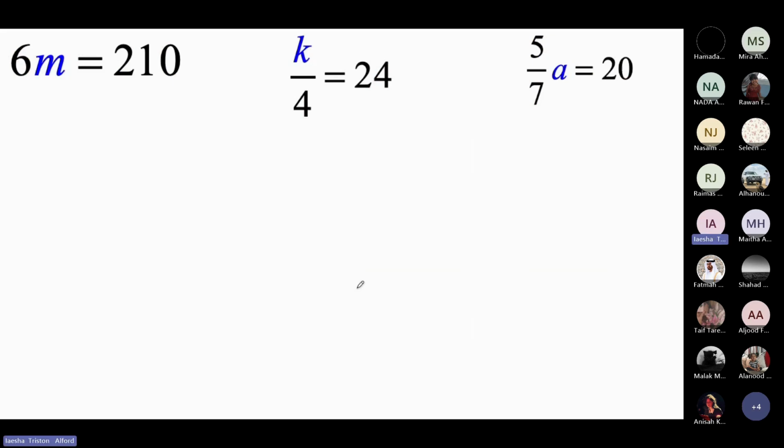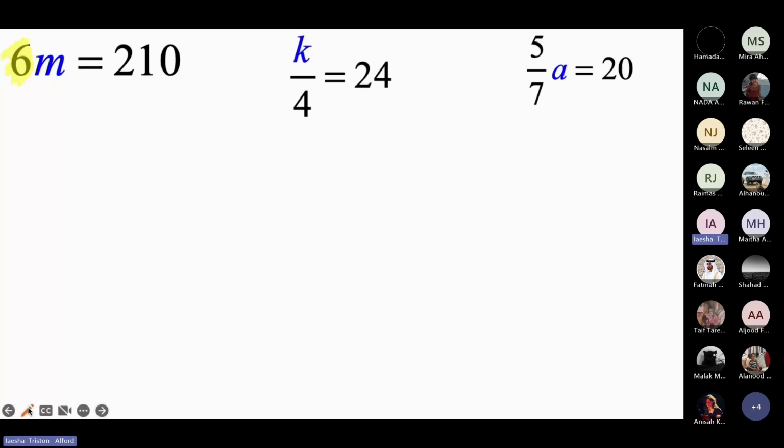So, reminder, we have 3 equations here. All of them have a coefficient. For the first equation, what number is your coefficient? Positive 6. For the next equation?